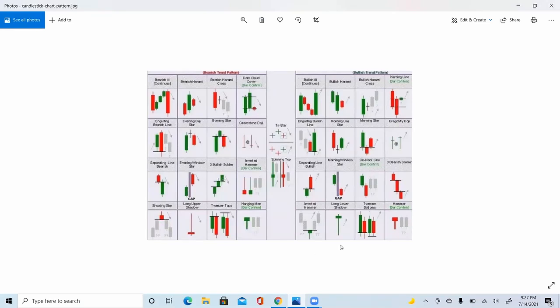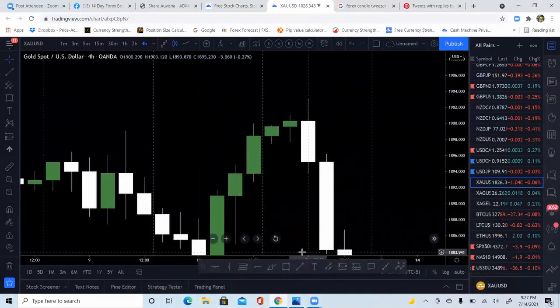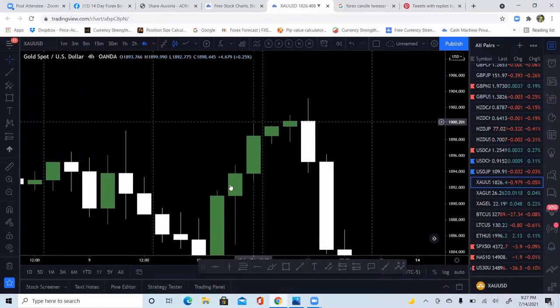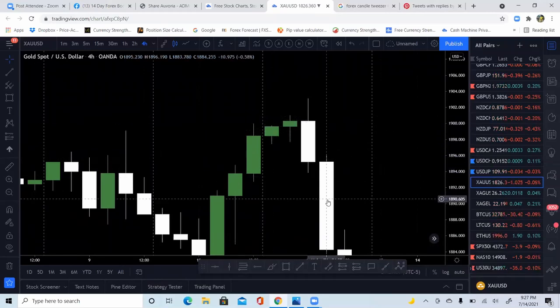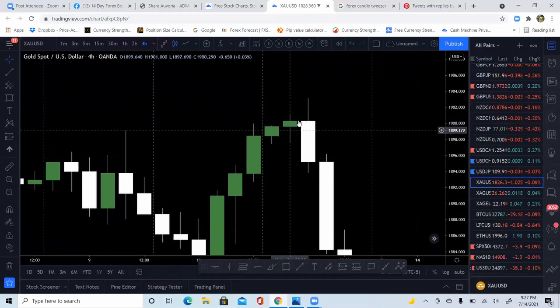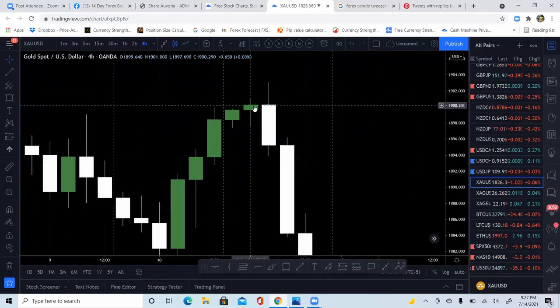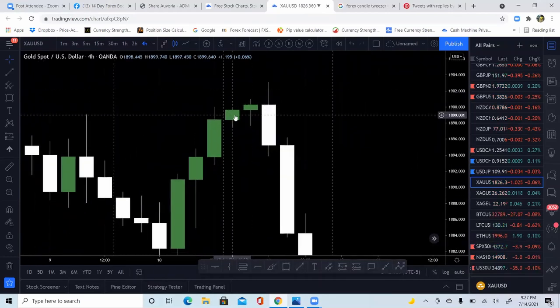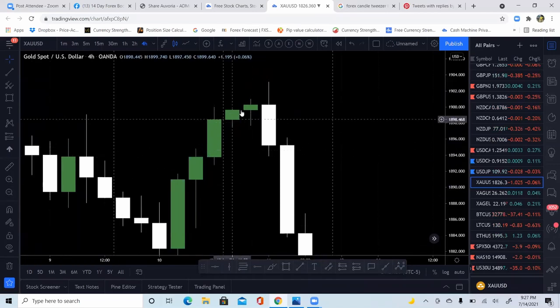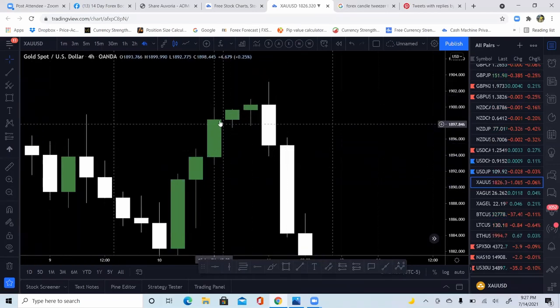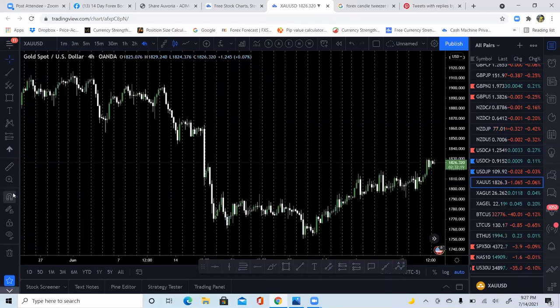You also see, if you go back, kind of like that shooting star, because you have the two bullish candles before your dojis, followed by the bearish candles. And then you have your doji up here. You have your inverted hammer here. It's a weak inverted hammer, but it's still one. So you see that before that major move, it gave you those hints that something is about to happen.